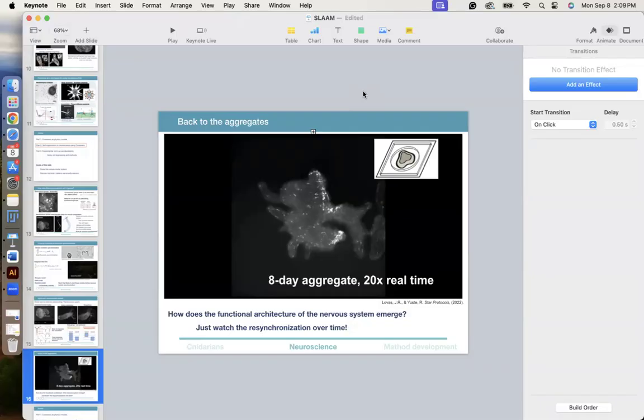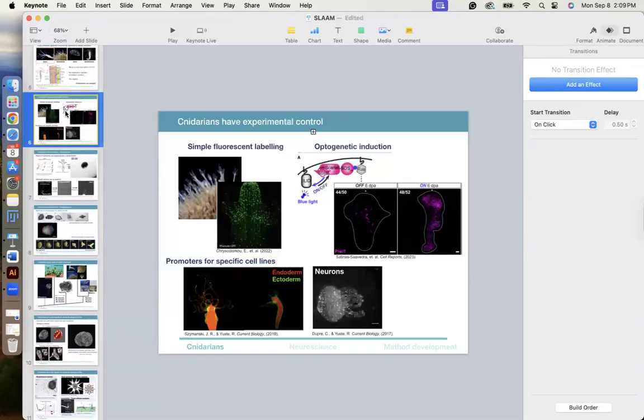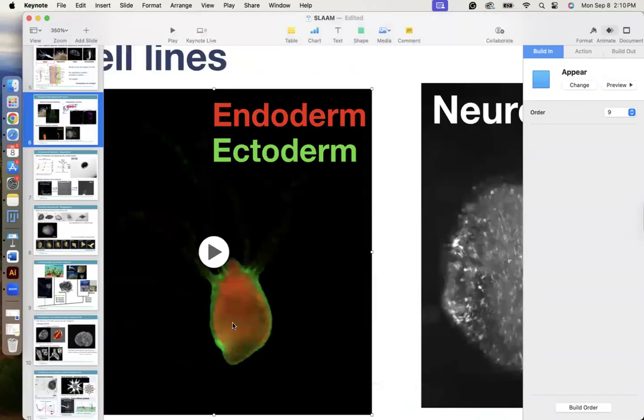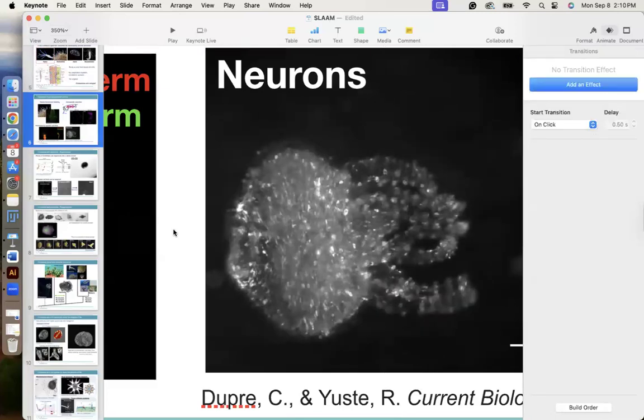And we could certainly get at that because there are these lines that already exist, where you could express a red protein that becomes bright when the muscle fires in, let's say, the ectoderm, and then you could do a green protein in the neurons, and you could see this sort of interaction, right? Now, what you see is that when the neurons fire, the muscles are extremely responsive. I mean, they're right away.